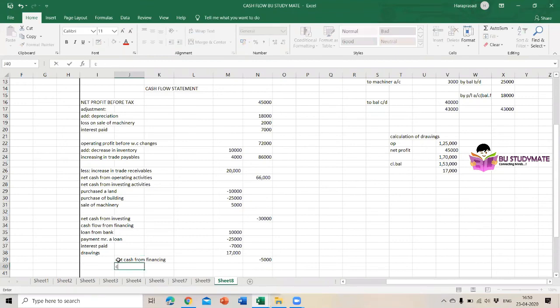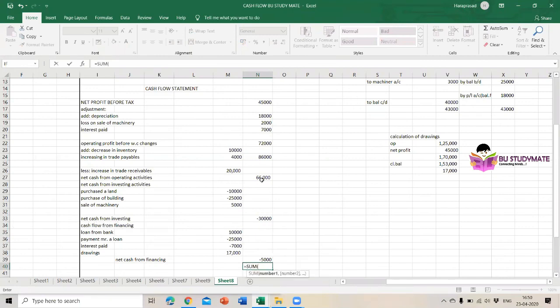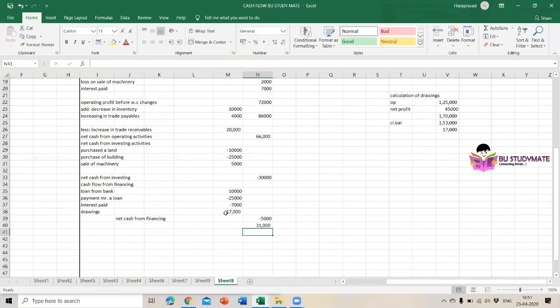And the increase or decrease in the cash is how much? 66 minus 30 and minus 5,000. We'll get 31,000. Sorry, 39,000, because drawings, cash is going out, so we have to make minus.